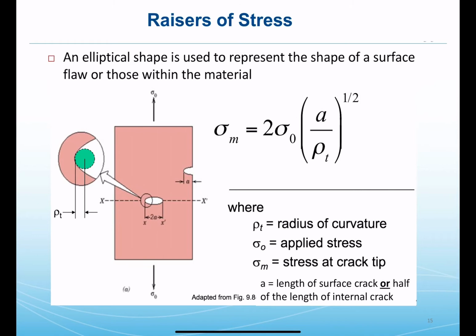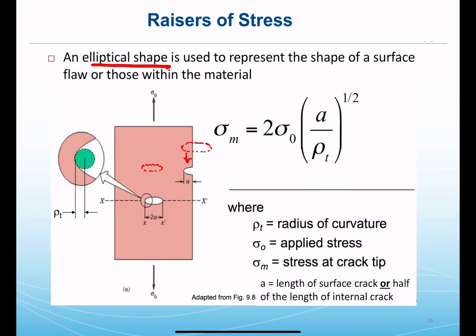So what's applied here typically is an elliptical shape used to represent the shape of the surface flaw. So here we would apply an ellipse to represent a surface flaw. Or, of course, we would represent an internal crack with an ellipse as well. The parameters characterizing the ellipse are twofold.